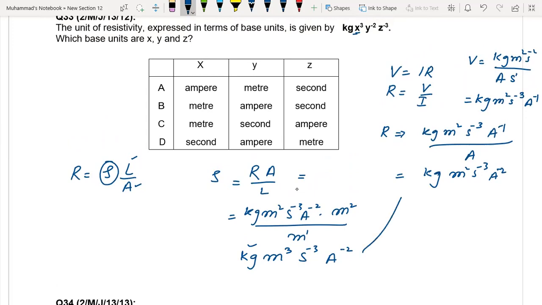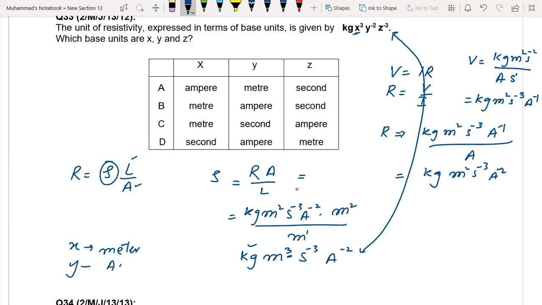If you compare these two expressions, the power of m is positive 3, and over here x is 3, so x is meter. The power of A is minus 2, so y is ampere.